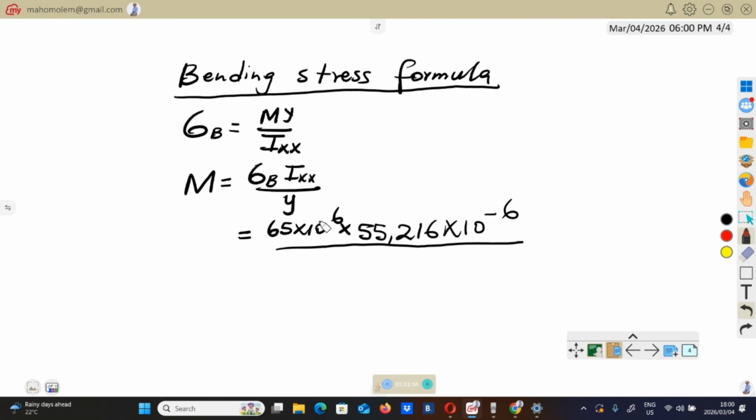So we're going to replace this y by 130. Oh, sorry, convert it to meters, divide by 1000, and calculate the bending moment.